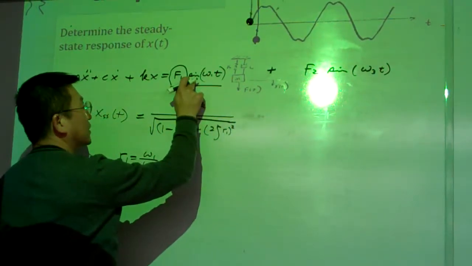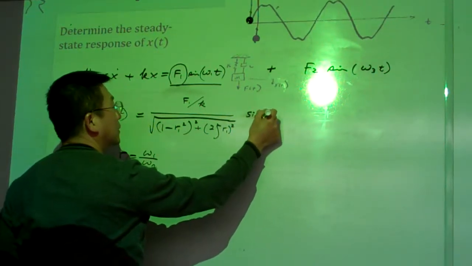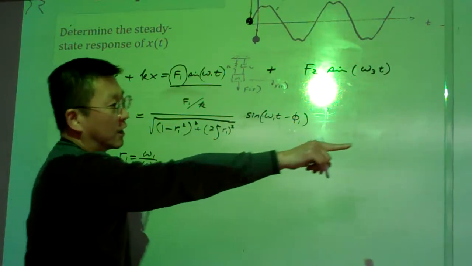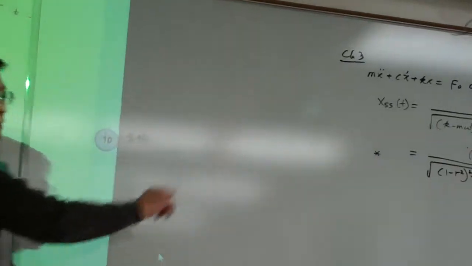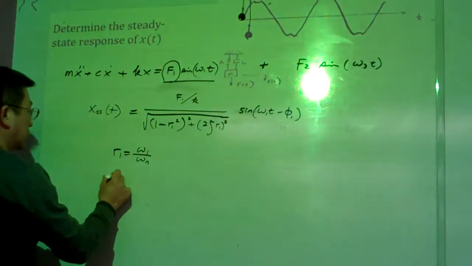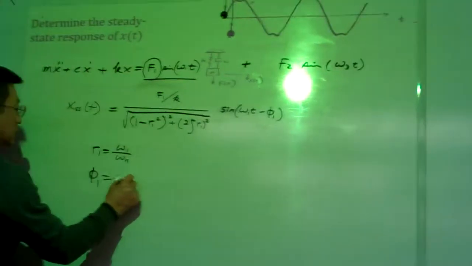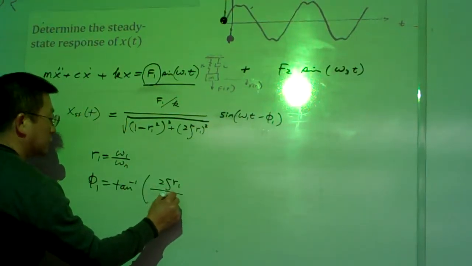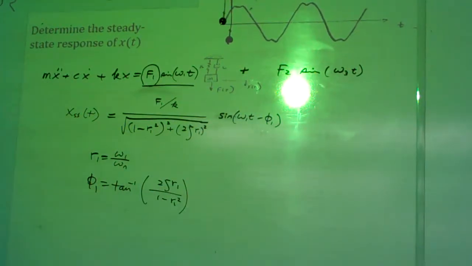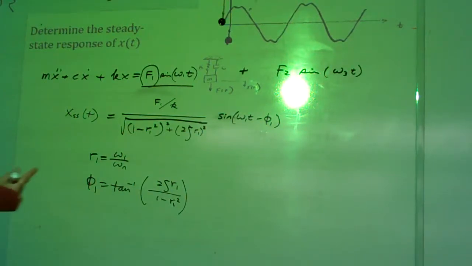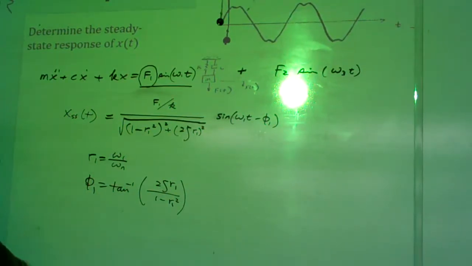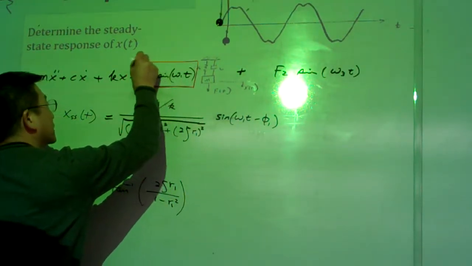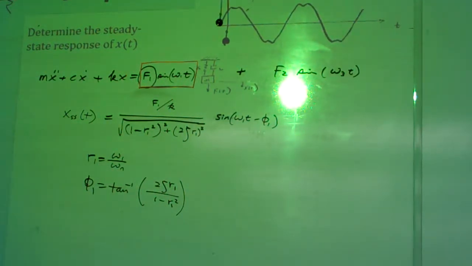Because the force is in sine, we take sine of omega 1 t minus phi1, and phi1 is again the phase angle from that template: phi1 equals arctangent of 2 zeta R1 over (1 minus R1 squared). So right now I'm focusing on writing up the response of the system to this force.